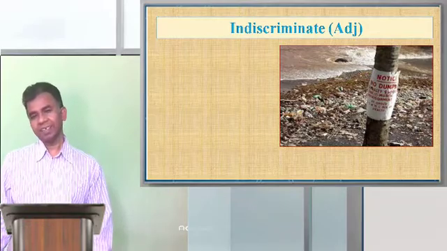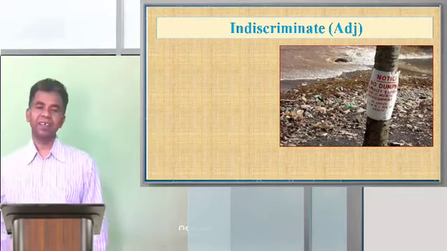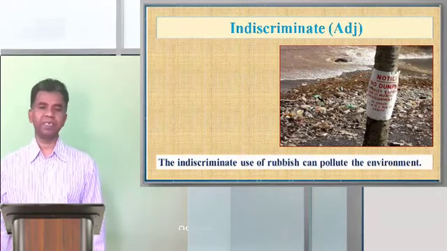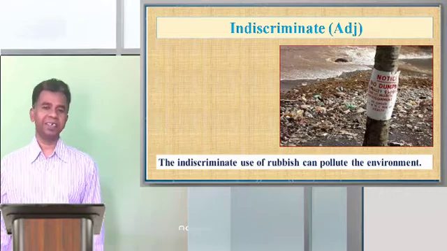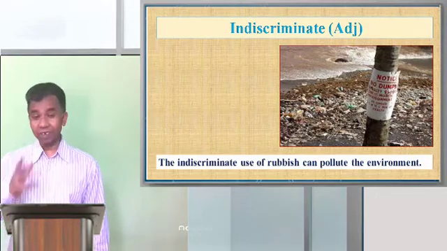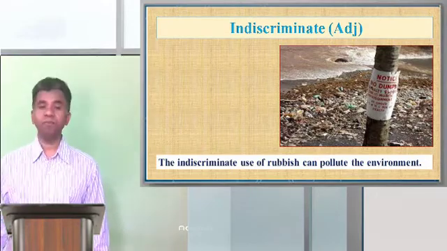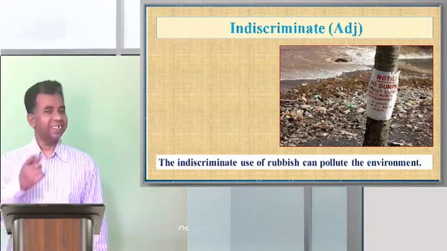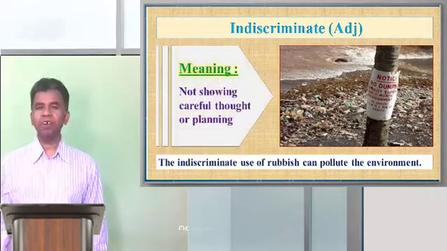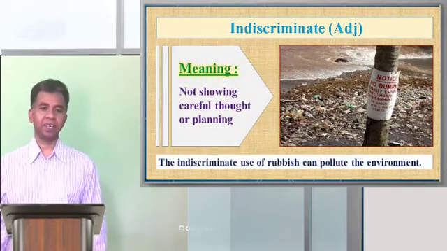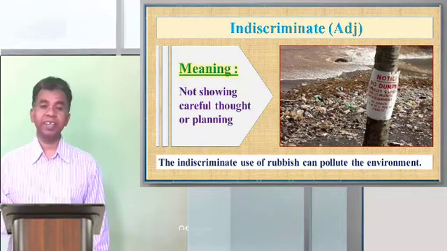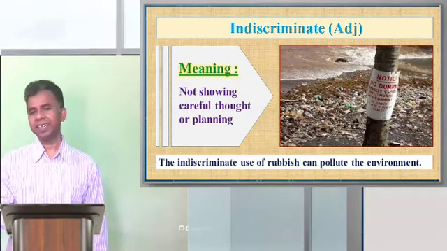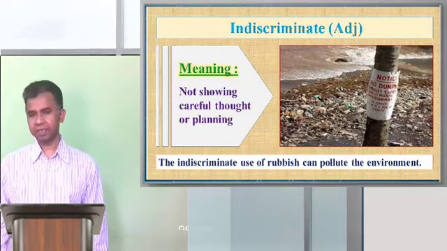Okay, there is a sentence. The indiscriminate use of rubbish can pollute the environment. Now, can you guess the meaning of indiscriminate? Yes, the meaning of indiscriminate is not showing careful thought or planning. This word is an adjective.